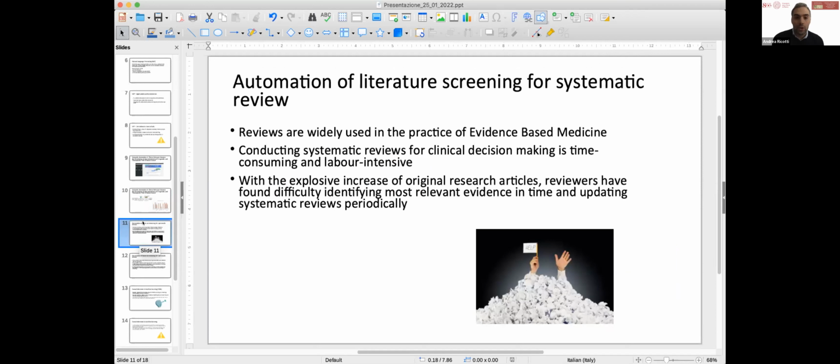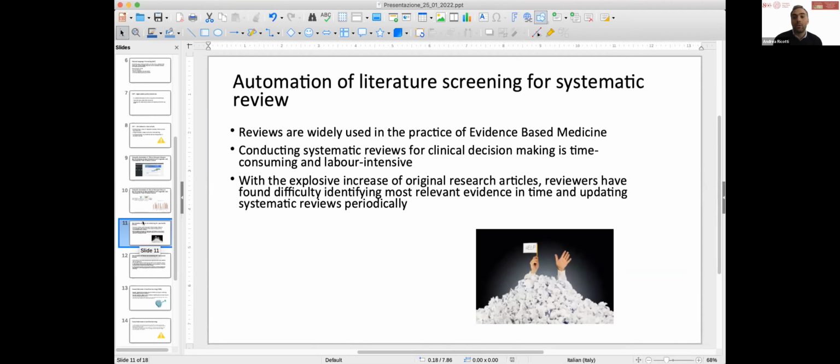Another application of machine learning in biomedical research is the automation of literature screening for systematic review. The systematic reviews are widely used in evidence-based medicine. Evidence-based medicine is the base of medicine today.